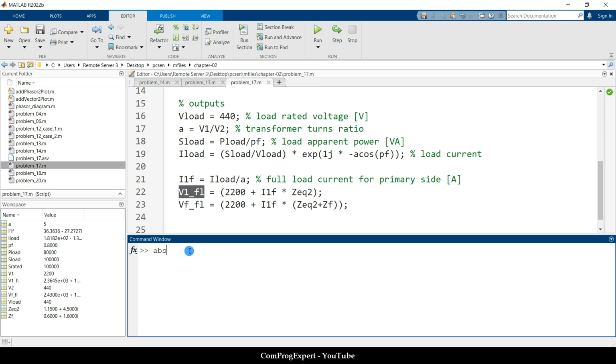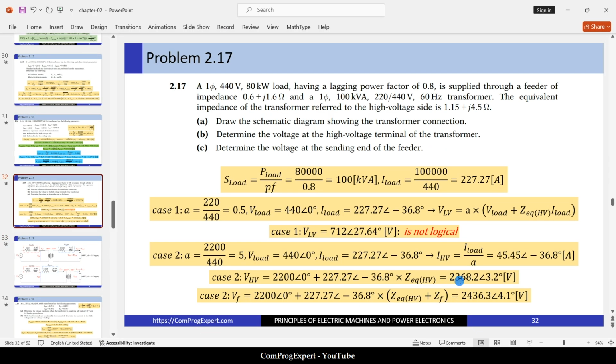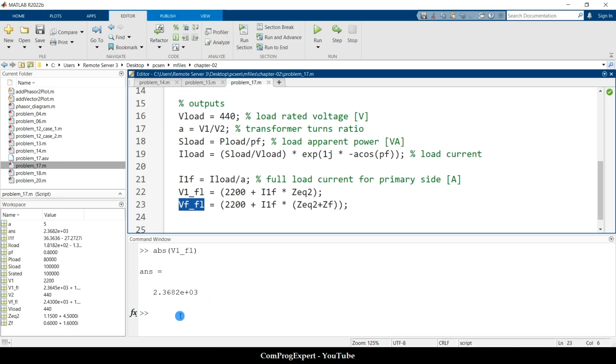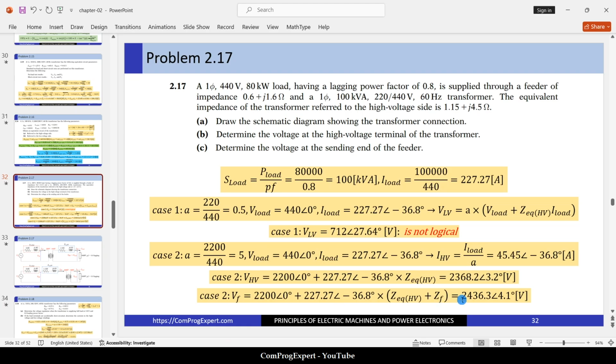The amplitude of this voltage is 2368, this number. What is the value of the feeder voltage? The absolute value is this one, 2436. Yes, this is logical now.